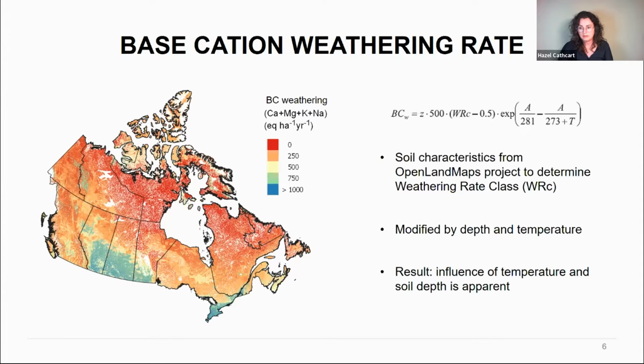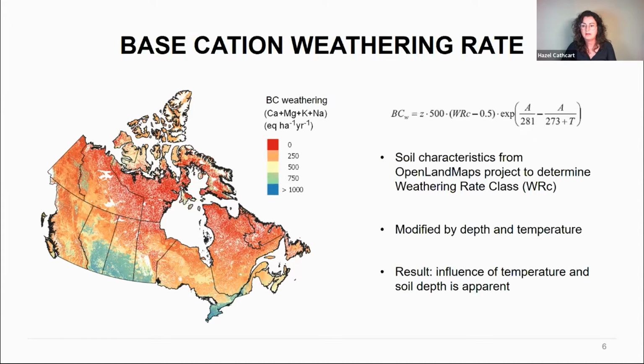For this version of the critical loads, the soil texture approximation method from the CLRTAP mapping manual was used, where you use the soil clay and sand composition adjusted for coarse fragment volume, bulk density, organic material, and depth, and parent material as a class to look up a weathering rate class value from a table, which is modified by temperature and soil depth.